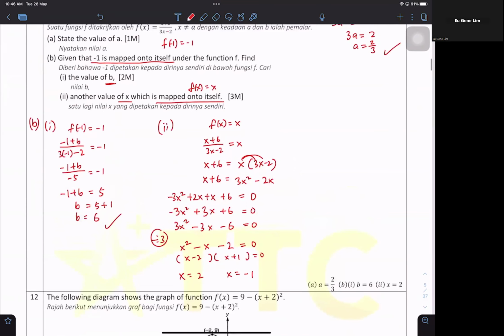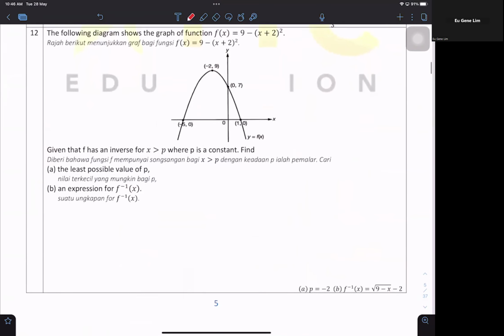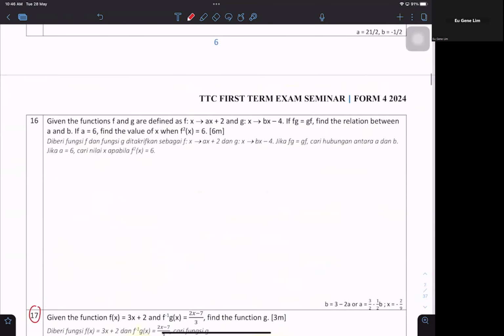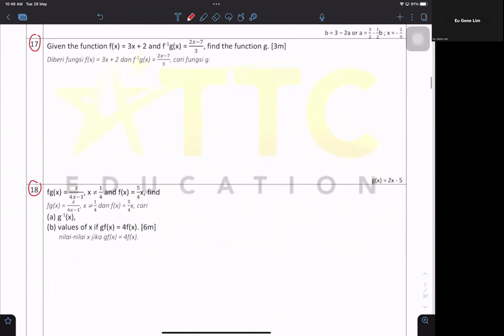Okay, continue. The next one, this one. Wait, just now I circled already. Where's the question? Like question 17. Let's go to question 17.